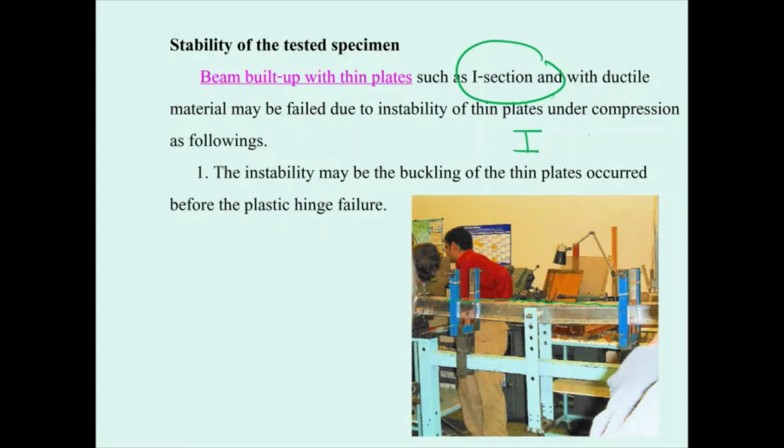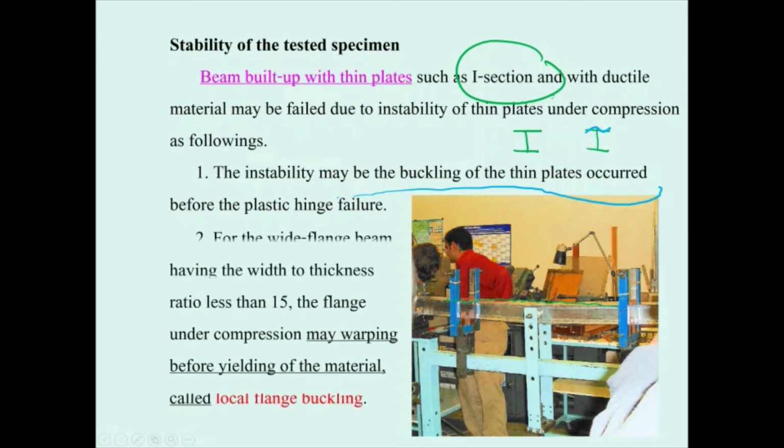When you push it, the top portion of the beam that is subject to compression may have some kind of warping here. There's some instability that occurs due to the buckling of the thin plate, which is in compression.